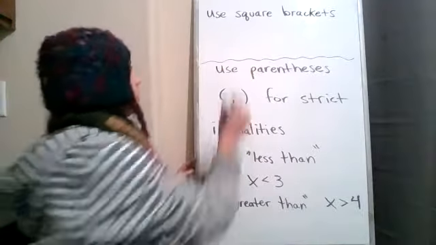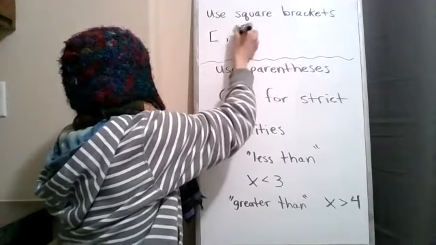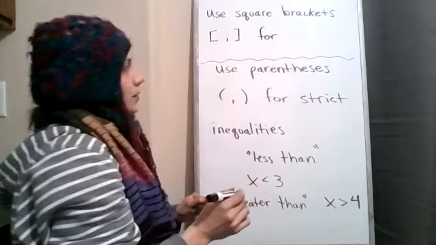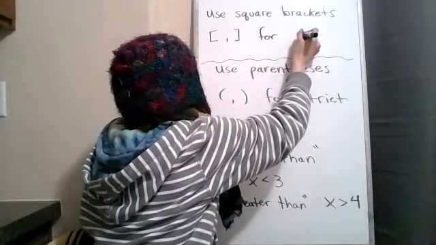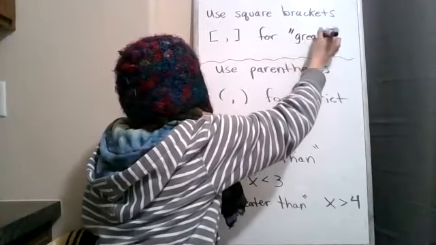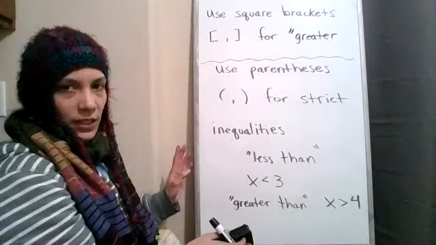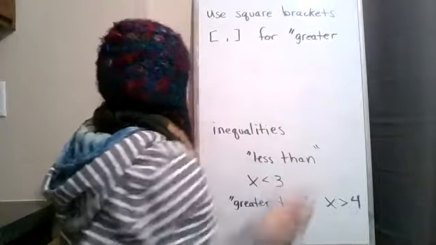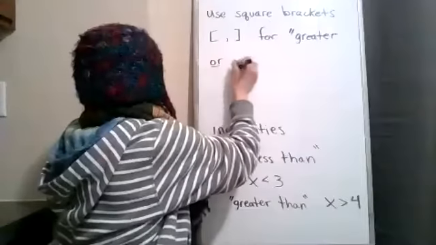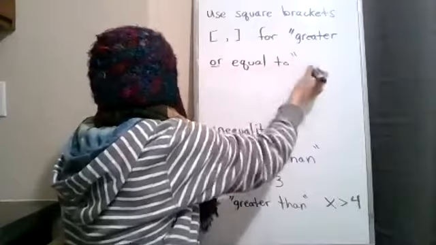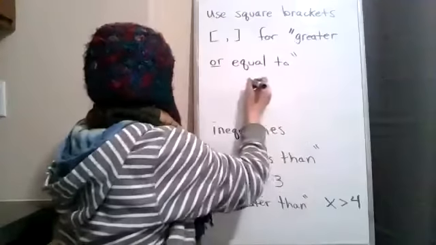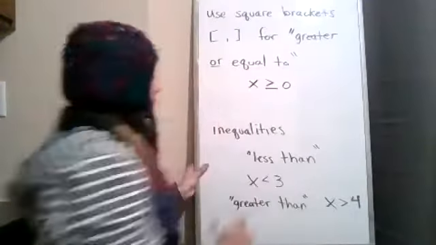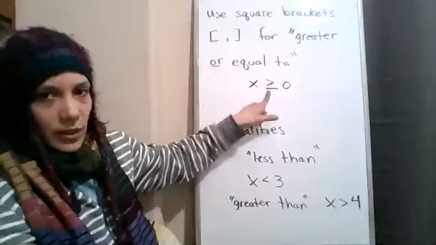So if we had greater than or equal to, I'm going to use a square bracket. x greater than or equal to 0, so x is greater than 0 or equal to 0.